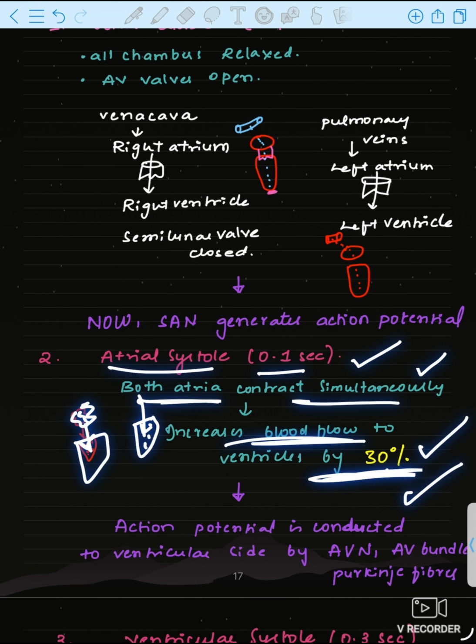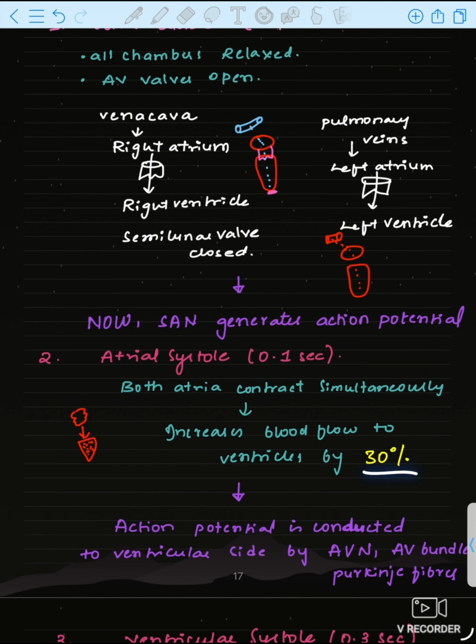In both the ventricles, how much will the blood flow increase? 30%. This is all about atrial systole. Now the SA node generated the potential, the atria contracted, and 30% blood flow into the ventricles occurred. Now the AV node is at the lower left corner of the atrium, and it will generate action potential.